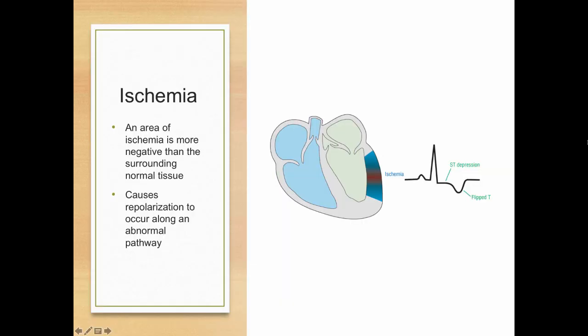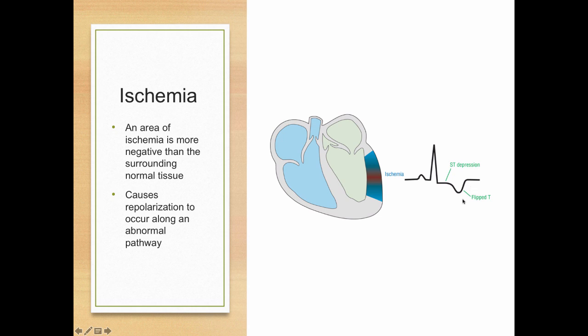So we've got this continuum, right, of ischemia to injury to infarct. Let's define these three things. First is our ischemia, and this is where our cardiac muscle needs oxygen, so it's demanding oxygen, but the supply isn't quite meeting that demand. So we've got a little area, we're starting to see some ischemia. We've got an area that's more negative than the surrounding tissues, so we've got this ST segment depression.